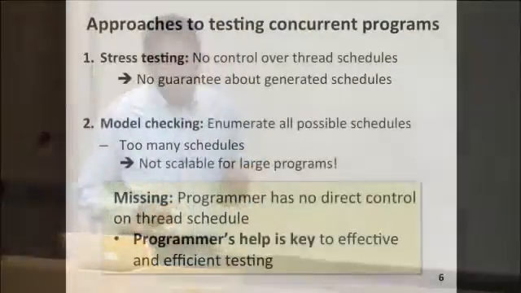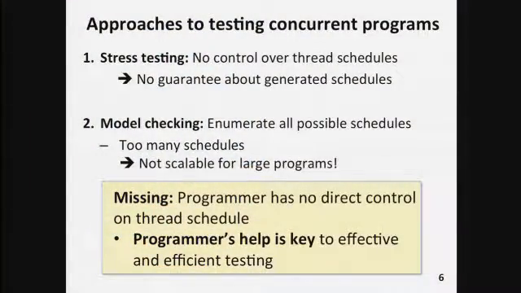Moreover, you have to have total control over all possible sources of non-determinism if you are trying to do model checking, and that is not realistic for real software. Also, we have seen that many times programmers want direct control over the scheduling in the test that they are trying to write. If we can incorporate the programmer's insight in the test, then our testing could be more effective.